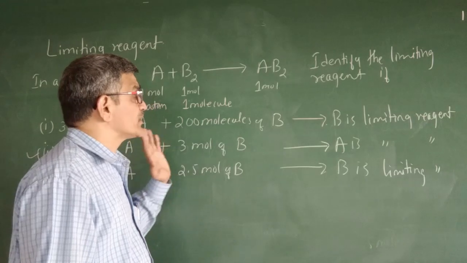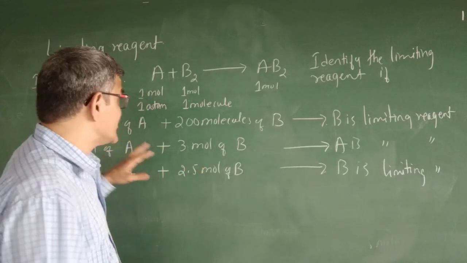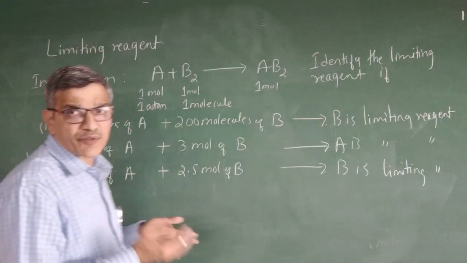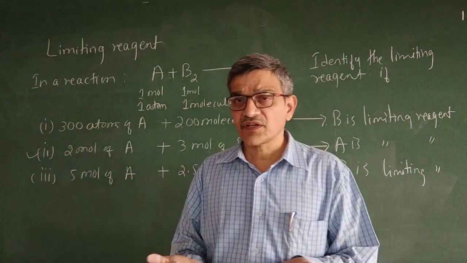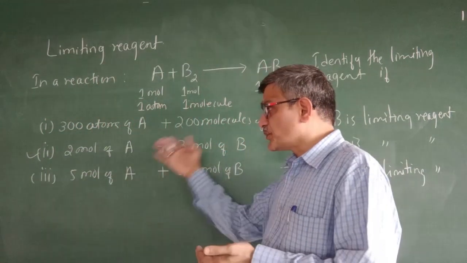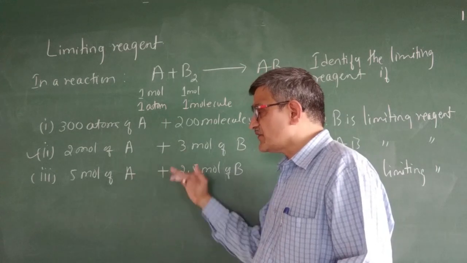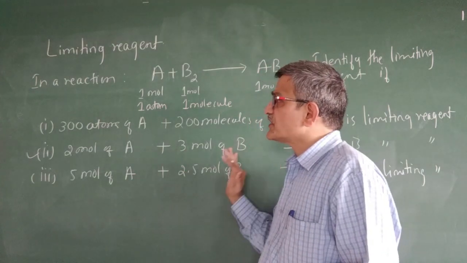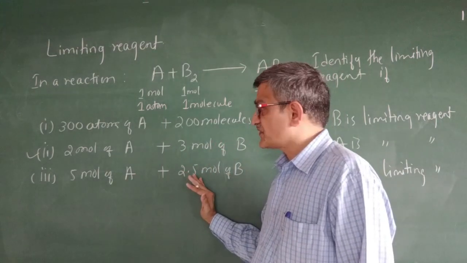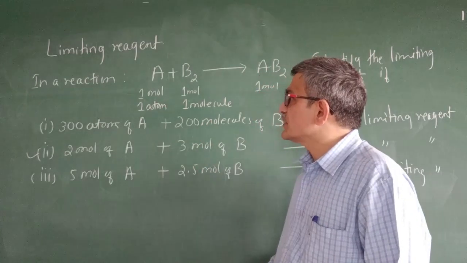So this is how to calculate the limiting reagent. The limiting reagent is the one which restricts the formation of the product, which gets consumed and restricts the formation of product. So that is nothing but the limiting reagent. Okay, so this is what a limiting reagent is.